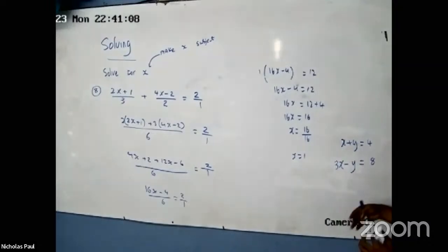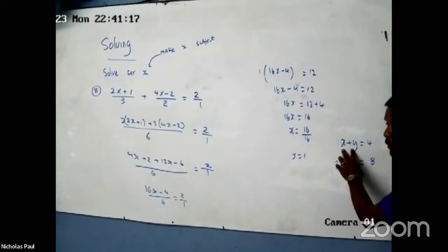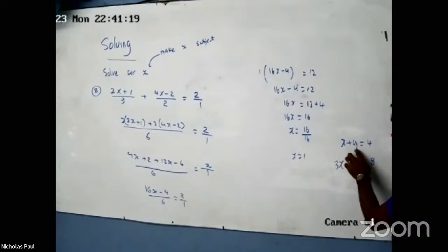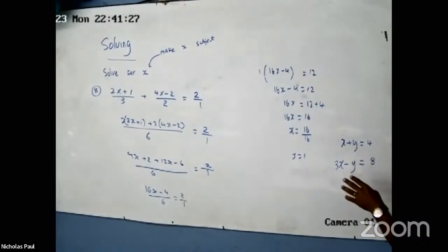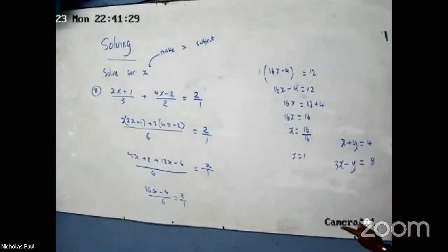It's called solving simultaneously. So if I give you an equation with two variables in it, the only way you can figure out x and y is to give you a next equation that you will solve simultaneously. Simultaneous means you're going to solve them together at the same time.